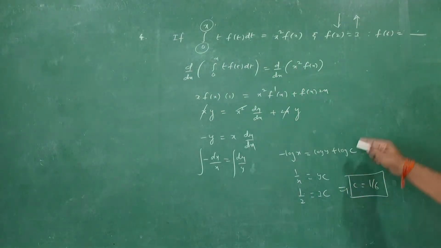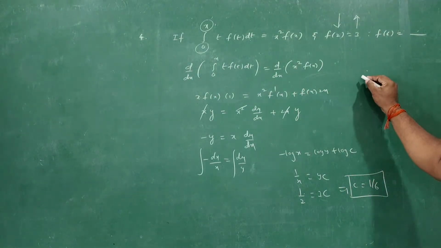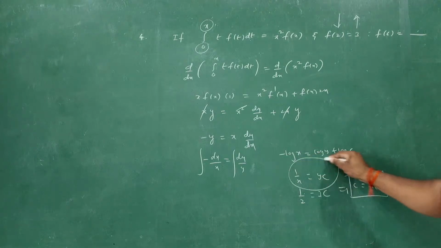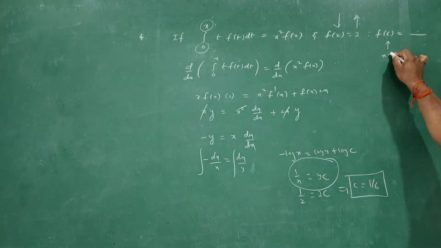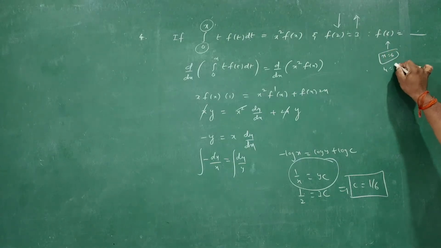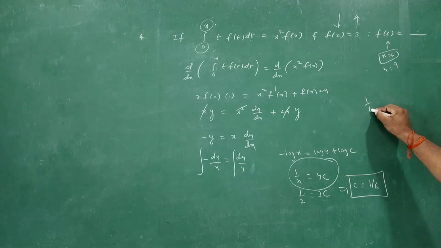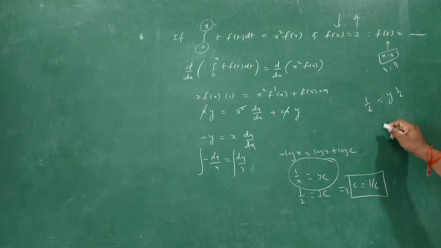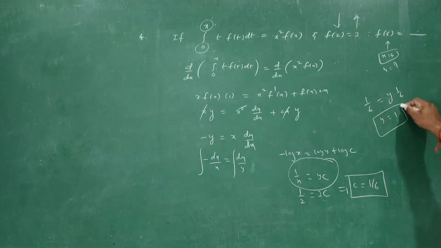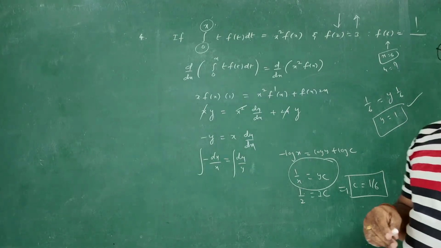Finally, f of 6: replace x with 6 and c with 1 by 6. 1 by 6, 1 by 6 cancel, and you get 1 as the answer.